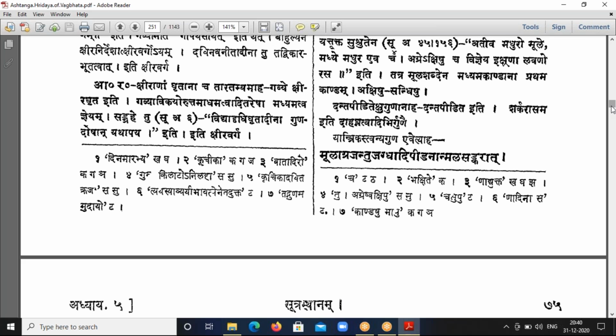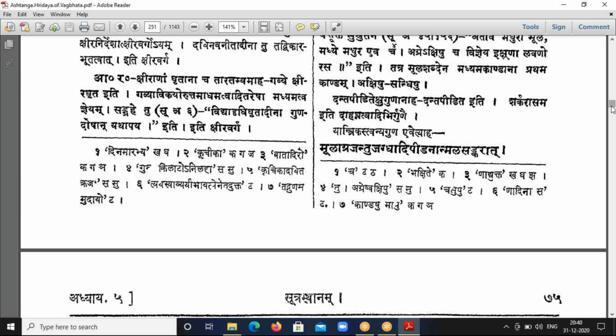So even at that time, there were mechanized expellers to expel the juice out from the stem. Moola agra jandujagdhadi pidanad malasangarad kinjitkala vidhrutyacha vigrutim yadi yandrikaha.